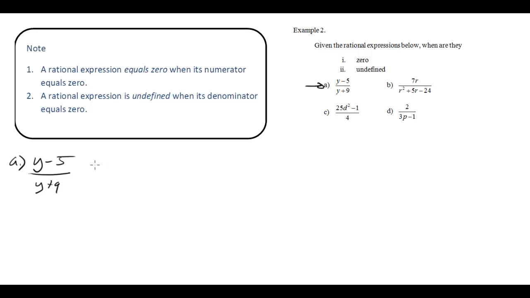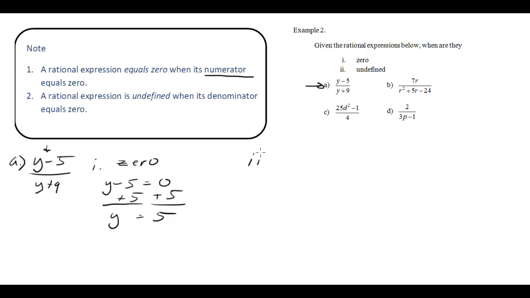First we want to know, when is it 0? Well, we know it's 0 when the numerator is 0. What's the numerator? Numerator is the top number. Top number is y minus 5. So that means that y minus 5 is going to equal 0. What's y going to equal? Well, we add 5 to both sides, and we discover that y is going to equal 5. That's going to make this expression 0.